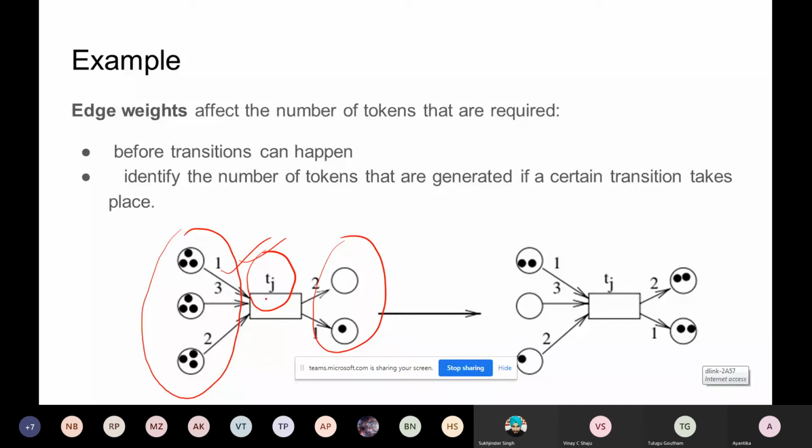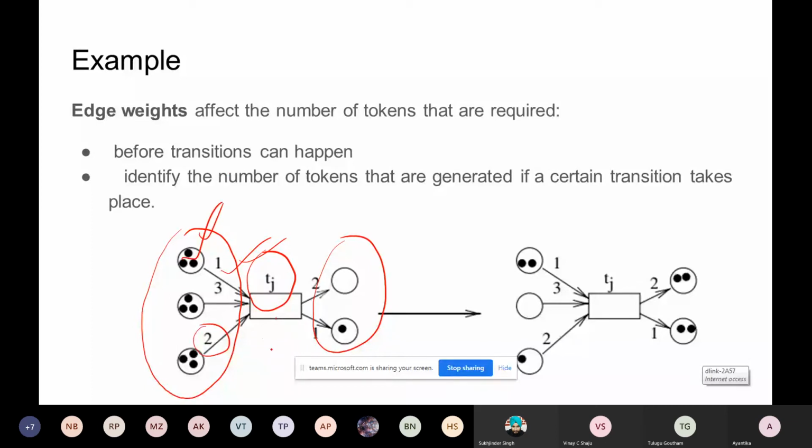But for this particular transition, the edge associated with it has only a single weight. That means only a single token from this place is necessary to make this transition possible. Similarly, here this is 3, that means all these tokens will be used. From here, the total capacity is 3, but only 2 can be used to make this transition possible. Okay. These are the preconditions of these transitions.